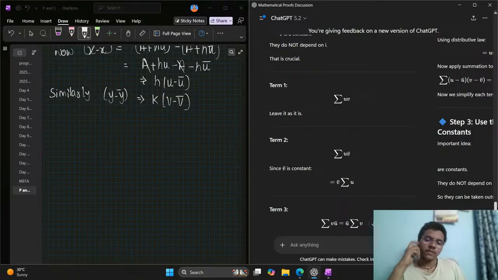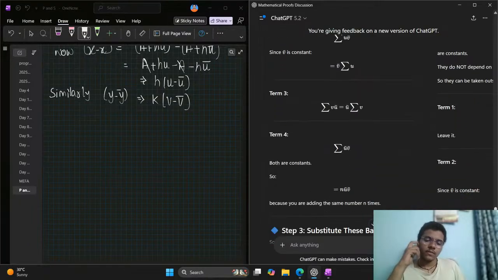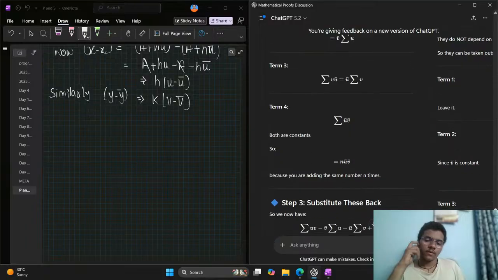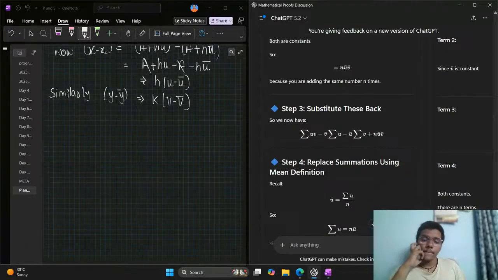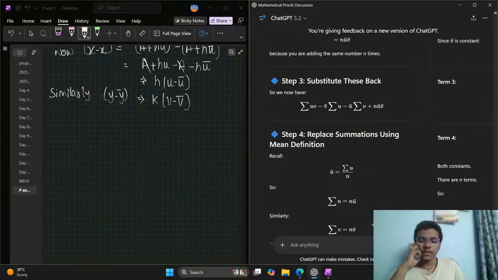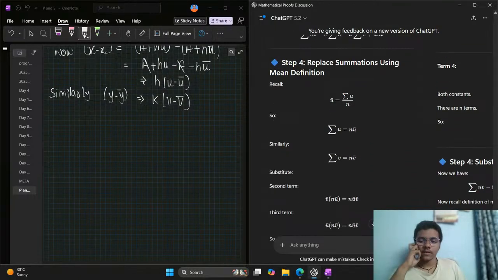Leave it as it is, okay, okay, okay. Replace summations using mean definitions. Okay, okay, okay.